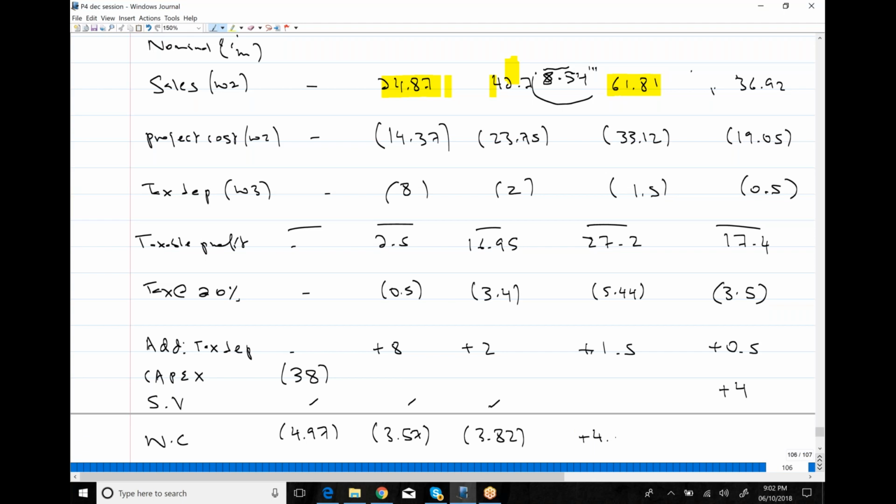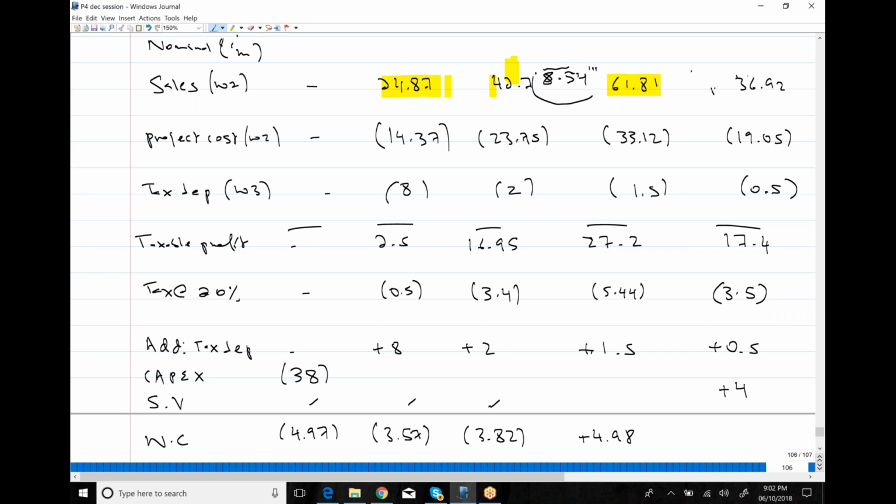Positive 4.98. And we all know that in the last year of the project, all of the working capital investment will be recovered. See, in T4, revenue is decreasing, right?